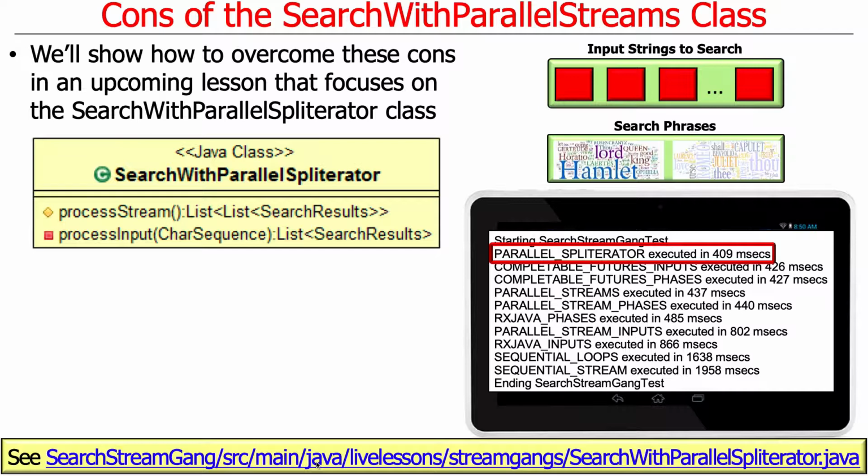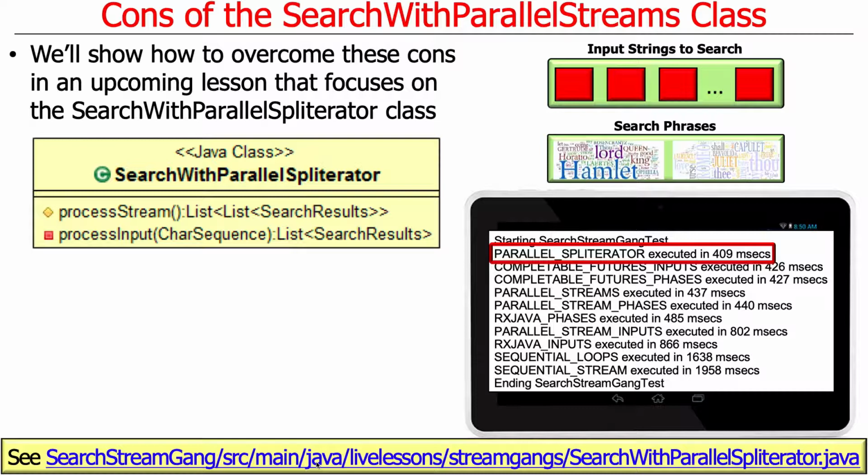The parallel splitterator will take a given input string, like Hamlet, and break that input string up into chunks, because it's a splitterator after all, typically about 4 chunks. And then it'll search for the phrases in each of those chunks in parallel. So rather than having one thread search the entire string, we now break the string up into chunks and then have all the phrases searched for in those chunks as well.